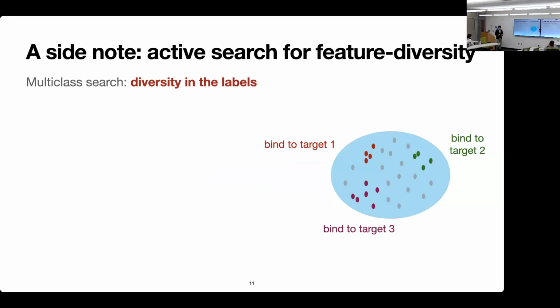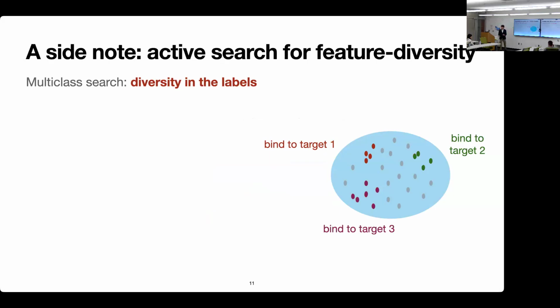Okay. To conclude this idea of diversity-aware active search, I'd like to quickly talk about a side note on a follow-up work. So we talked about multi-class active search, where we want to encourage diversity in the labels of the data points that we've collected.